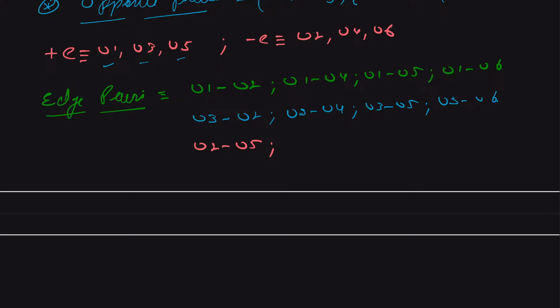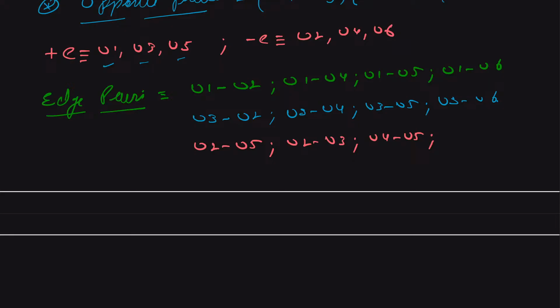V2, V5 is left, V2, V3 is left, and V4, V5. I think one pair is missing.